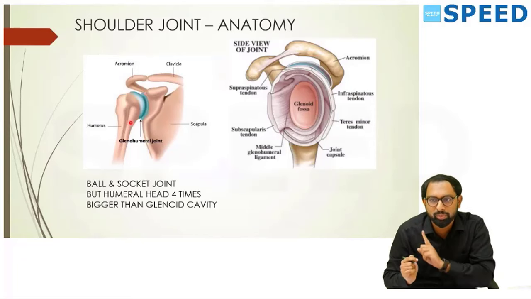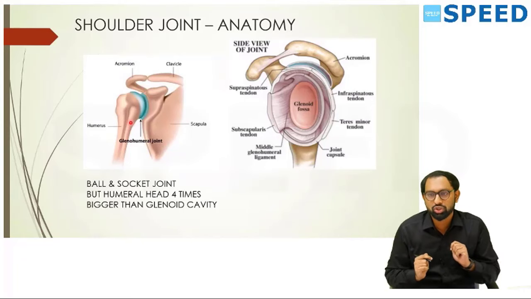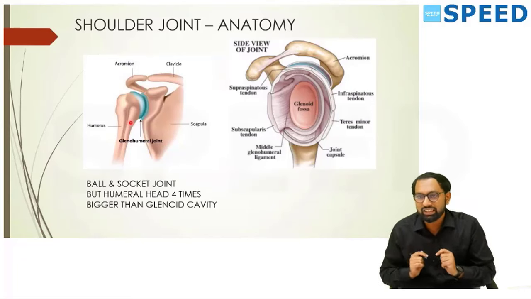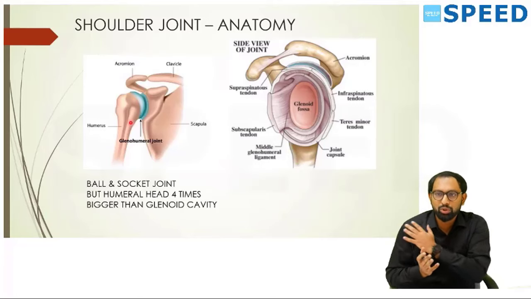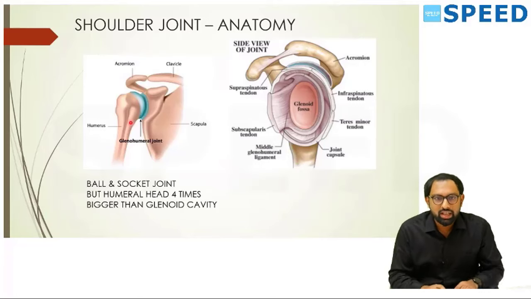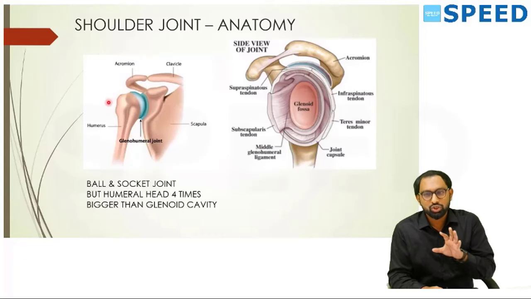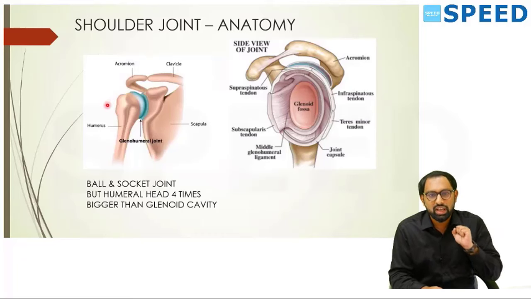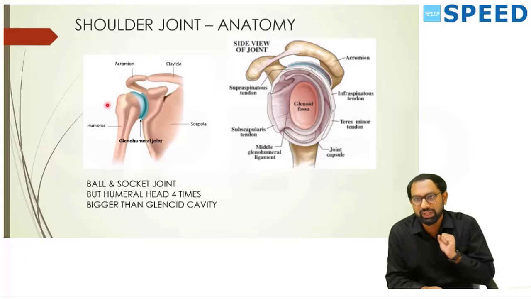All these movements are possible in the shoulder joint. It is not possible in any other joint. The reason we are able to enjoy so much mobility is because of this bony articulation not being perfect. So the reason that God has given us such an imperfect shoulder joint is because we get more mobility.